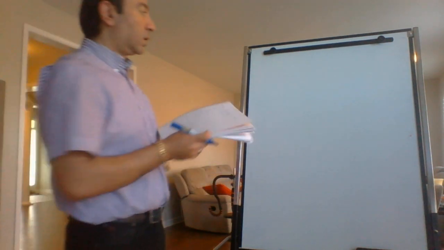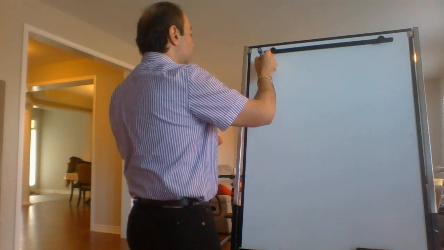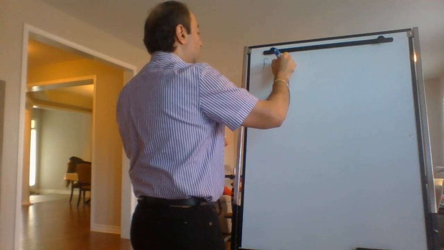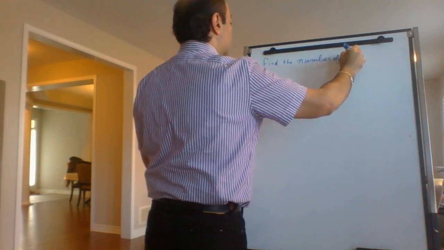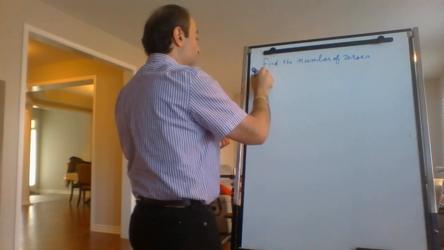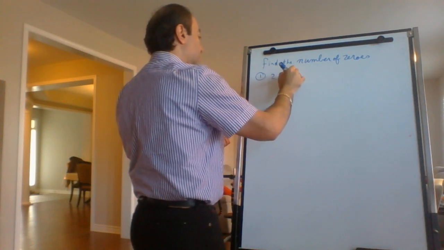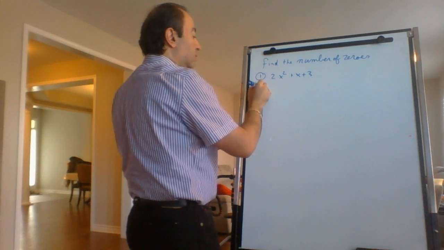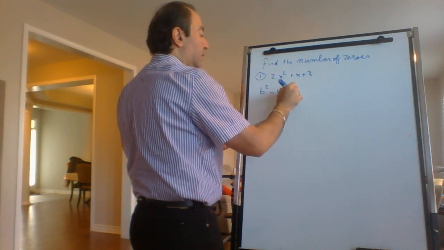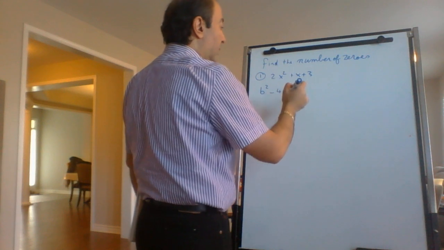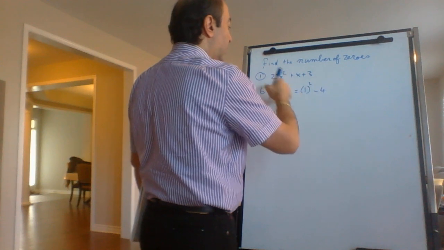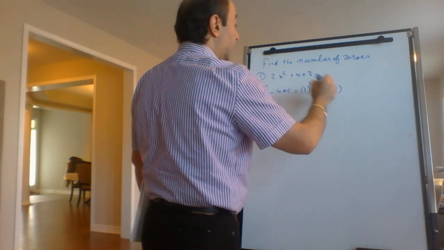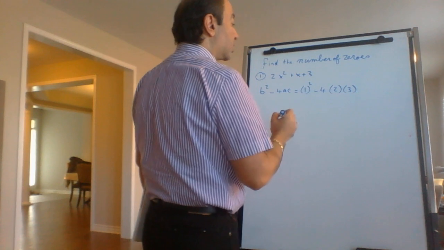Example 1. Use the discriminant to find the number of zeros. So let's say the first one is 2x squared plus x plus 3. So I need to use b squared minus 4ac. What is b? It's 1. 1 squared minus 4 times a times c, which is 3.